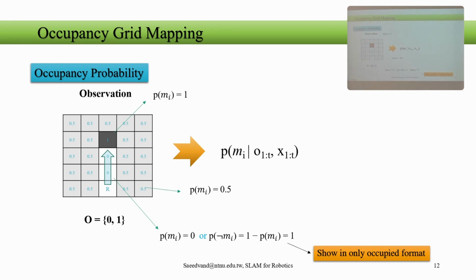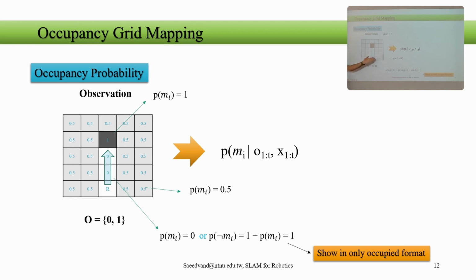As you can see, I stated some math forms here. We can say, for example, 1 here indicates the probability that this grid cell is occupied. Generally, the whole map can be written as the probability of Mi given the observation and a series of robot poses.